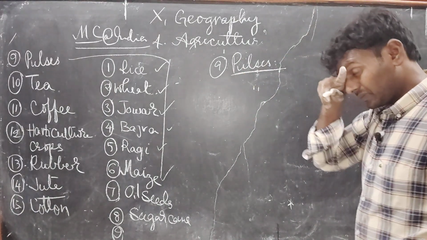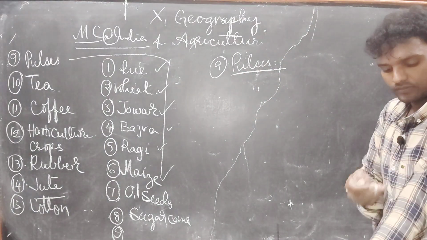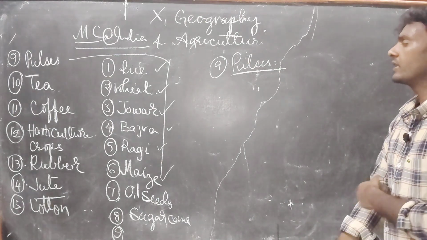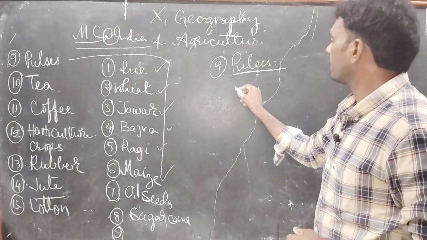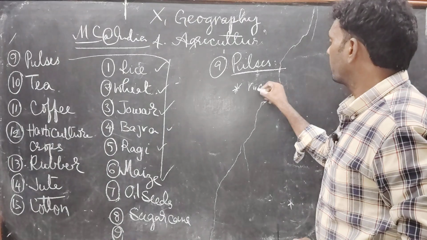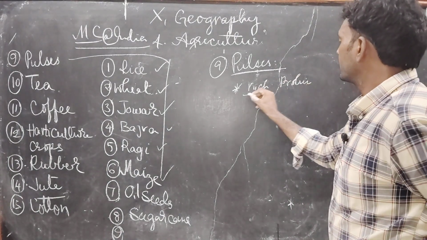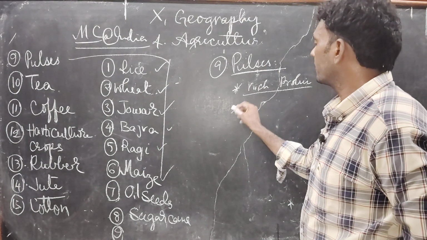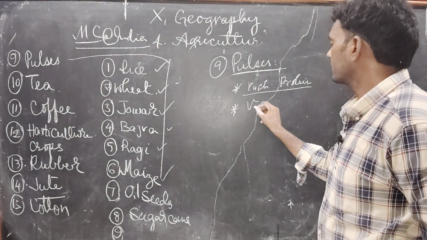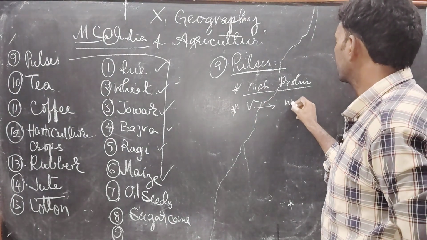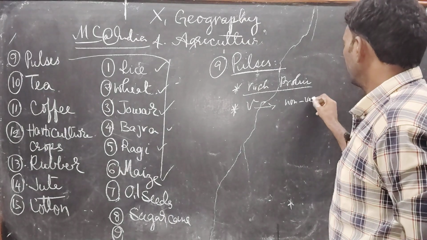Pulses. Pulses are very important. They are rich in protein. And also it is a very important food for vegetarians who do not eat non-veg. So it is very important.